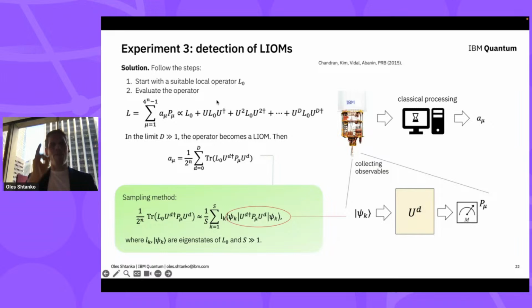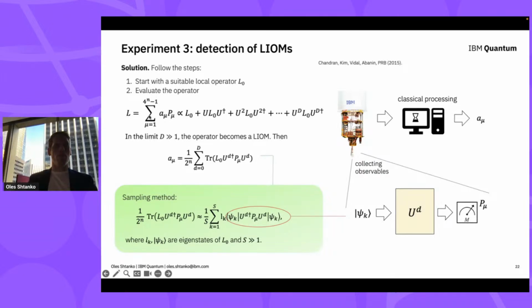So what we do, we first start with a suitable operator as an initial guess. For example, operator Z is a pretty good integral of motion. It's not perfect, it has a lot of error, but we assume that is our initial guess from which we start, right?